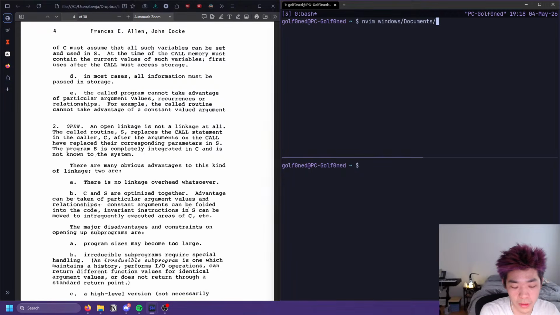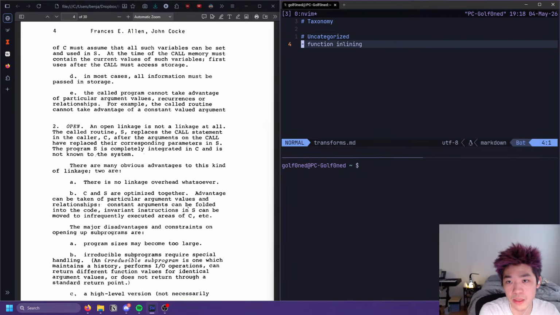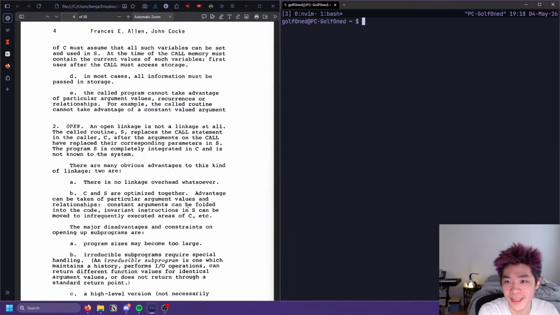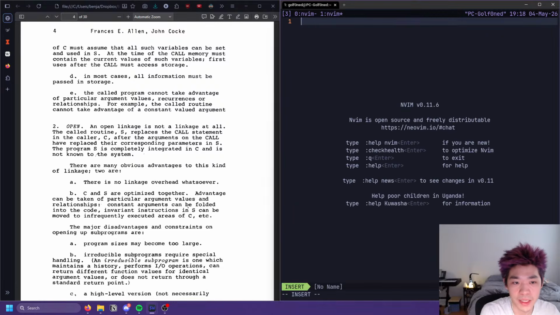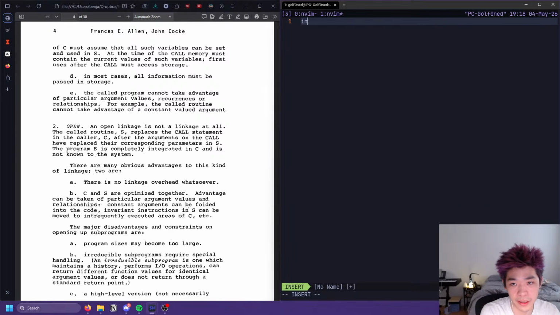Taxonomy or transforms? Okay. So we can just create a window. Yeah. So the example here, code temp. Let's just make a C file here.